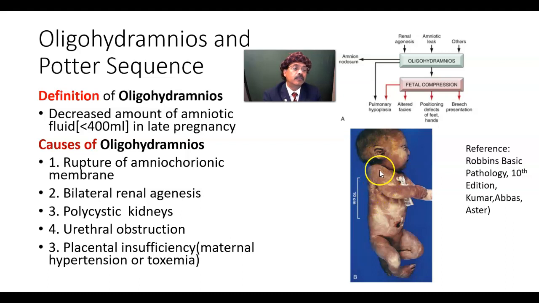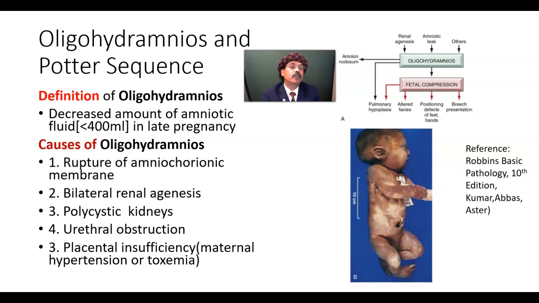We'll get changes in the skin, the hand joints, and also the lower limb joints. We may get genu varum in the knee joint. We may have club foot, and not only in the lower limb, the upper limb joints may be deformed. Due to that, there may be hip dislocation. That may be an association of Potter sequence.